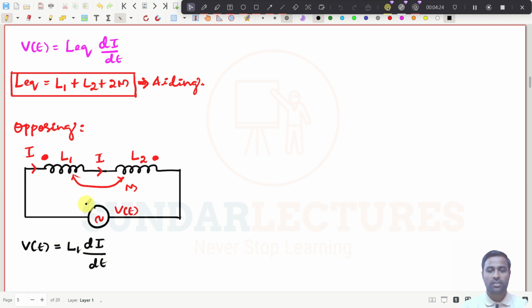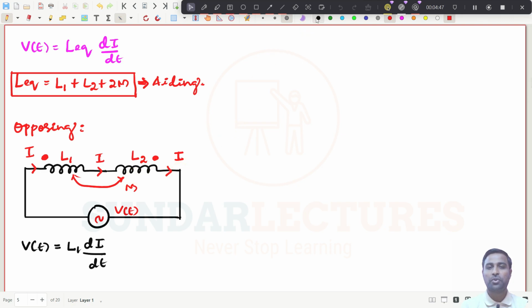You should see what the directions of current are. The current through this coil is entering through the dot. But in this coil, the current is leaving the dot. Try to understand: not entering, it is leaving.